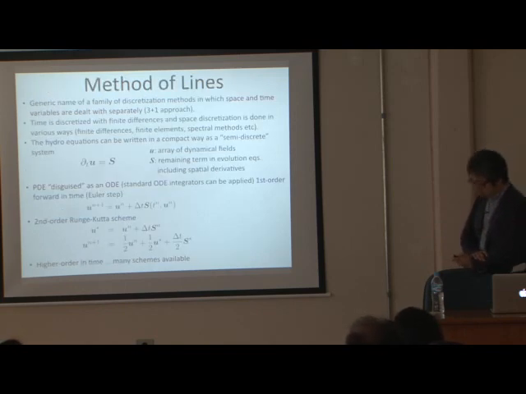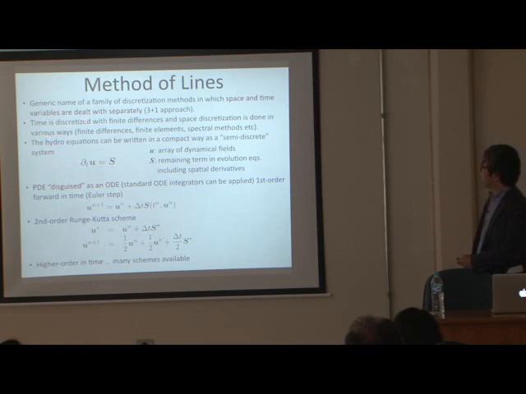So this is the method of lines. This is the generic name of this family of discretized methods in which space and time are dealt with separately. This is also the same as the 3+1 approach. Time and space are discretized separately.